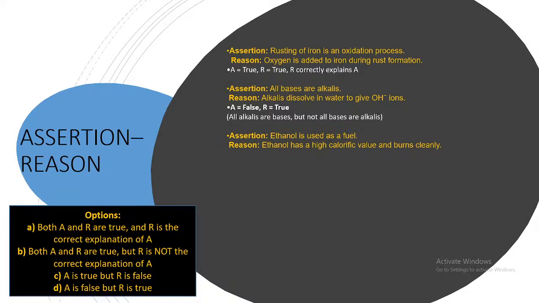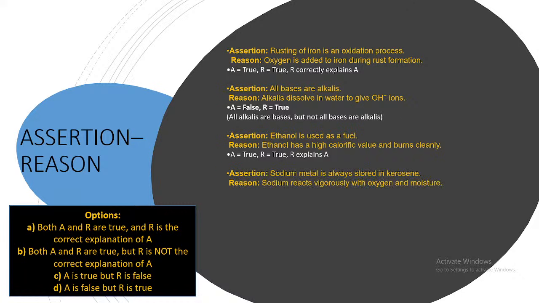So all agree with option A. Yes, both are true, and R is the correct explanation of A. Both the statements are correct, and the reason is also the actual reason. Next one.